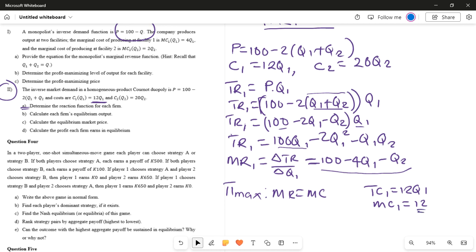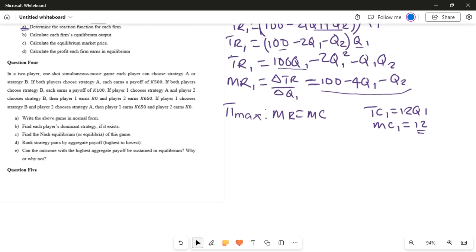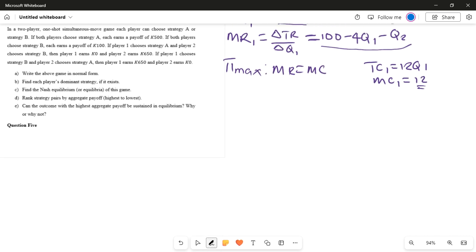Let me push this up so that we have enough space. Therefore we equate marginal revenue to marginal cost. Our marginal revenue is 100 minus 4 q1 minus q2, and this is equal to the marginal cost of 12.